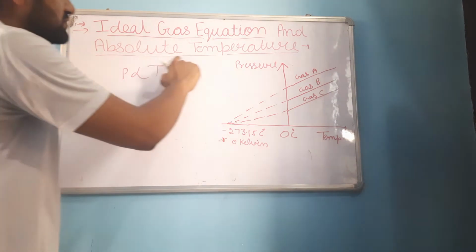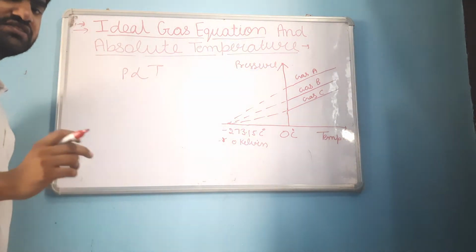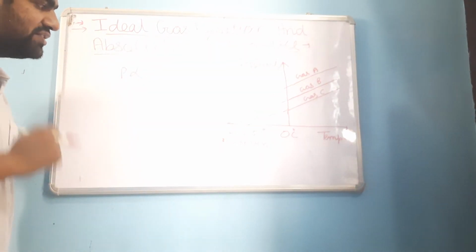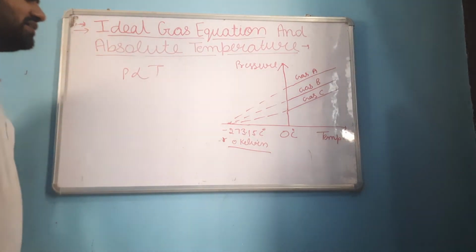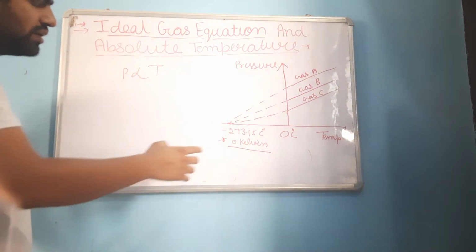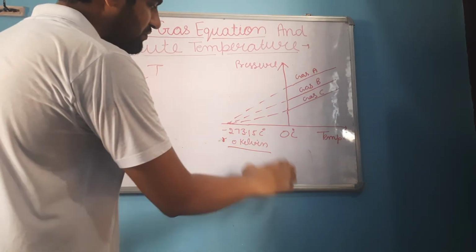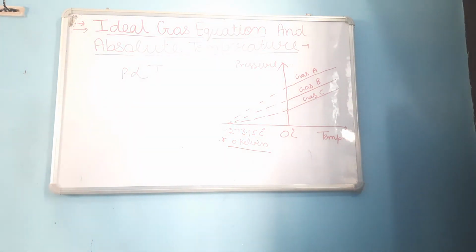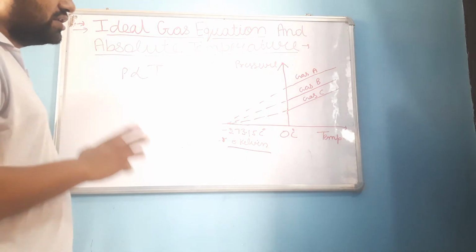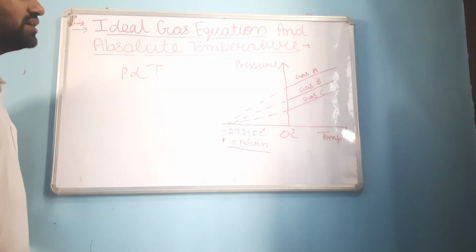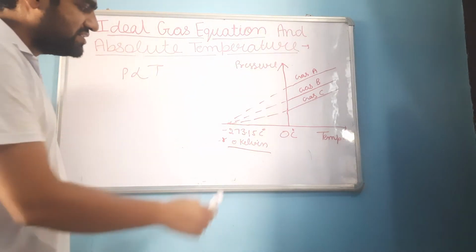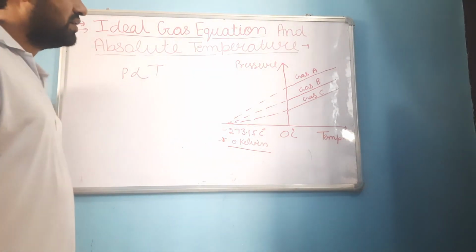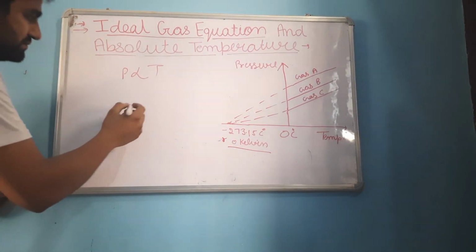This is called absolute temperature, and this is the starting of the Kelvin scale, and we can term this value of temperature as 0 Kelvin. So whichever gas we take inside the thermometer, we have a fixed point, that is 0 Kelvin.